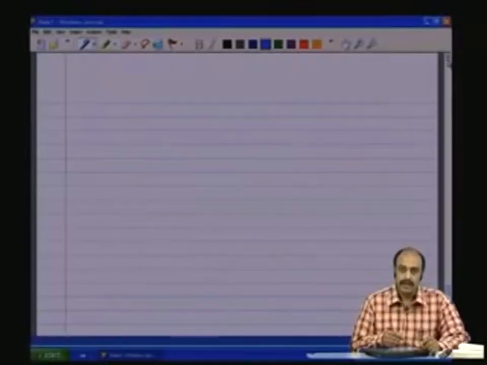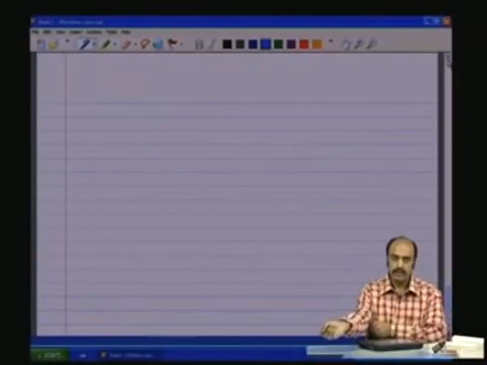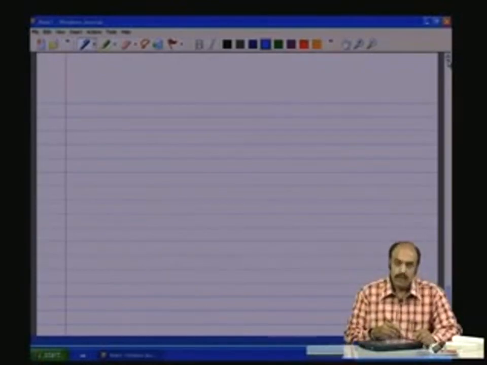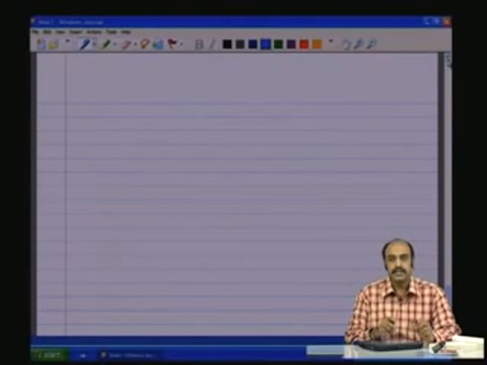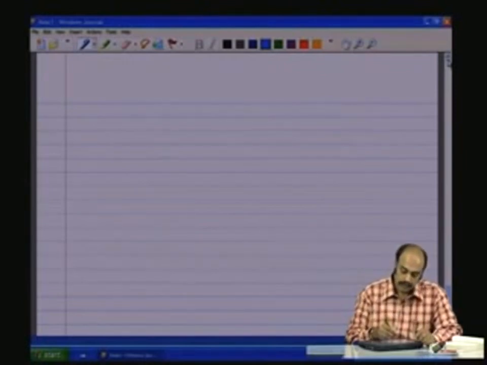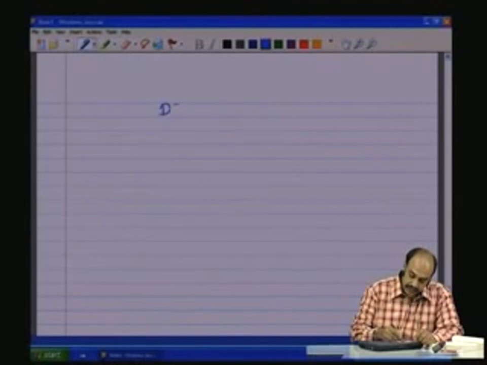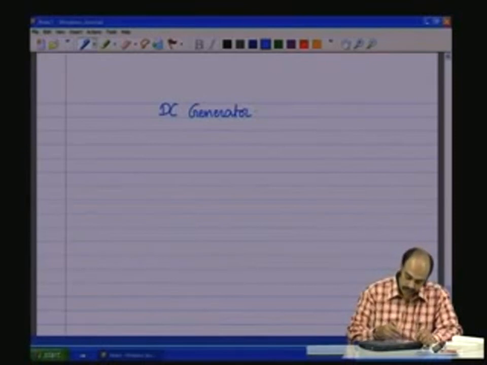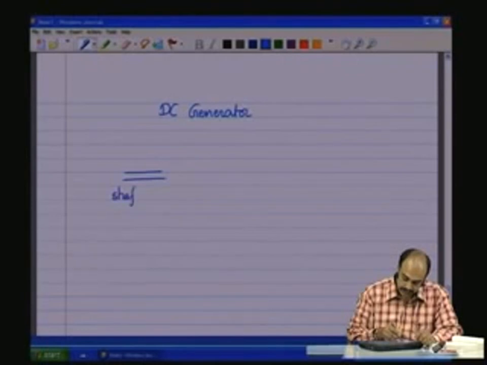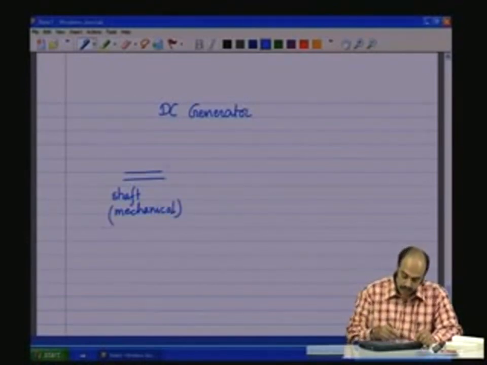So coming back onto the board, we now saw the structure of the DC machine. And in the case of the DC generator, the power comes from the shaft. This is the shaft, the mechanical shaft, which is in the mechanical domain, enters the DC machine.